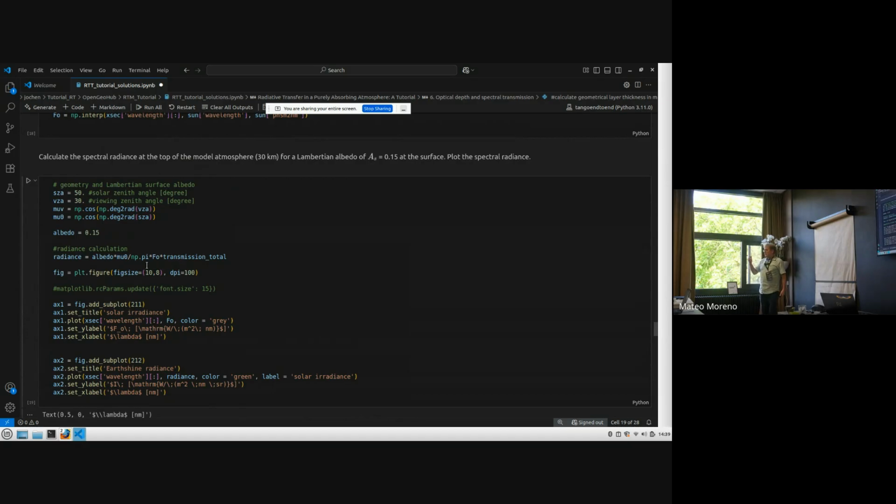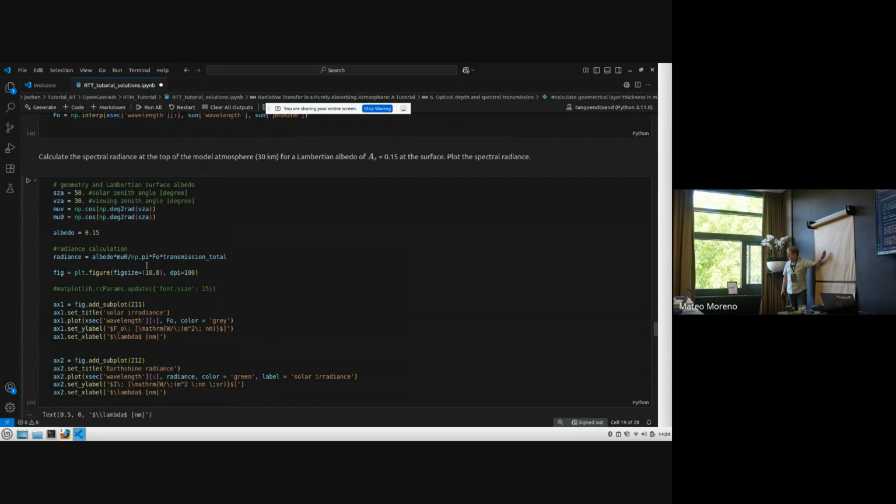So you have the amount of solar light. We have then taken into account the slantness of the light path. The sun has a certain slantness. What we calculated so far was the transmission vertically through the atmosphere. But finally, the sun has a slant light path through the atmosphere. So we have to enhance the light path by the cosine of the solar zenith angle.